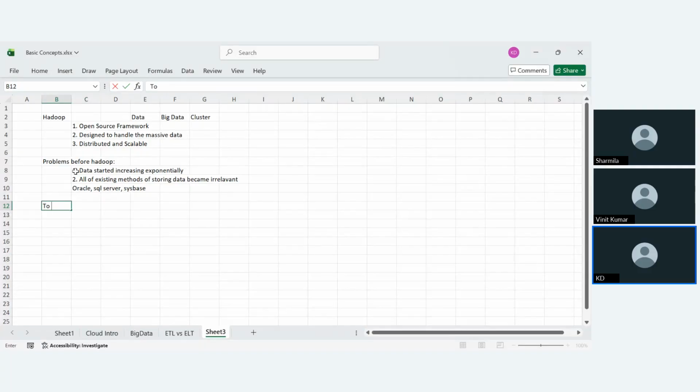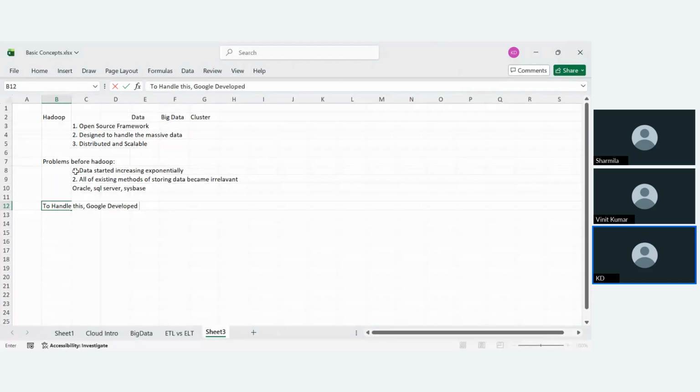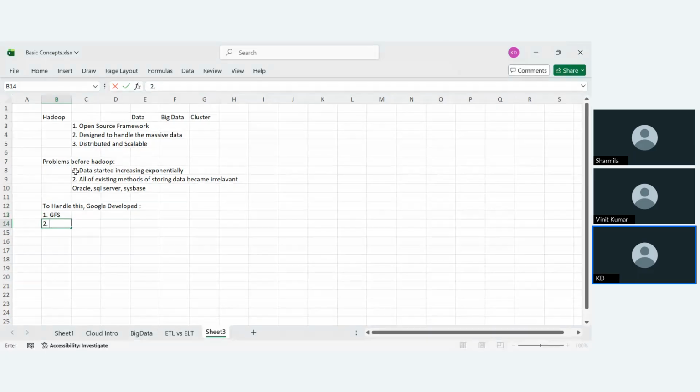To handle this, Google developed two things. Number one was GFS, and number two was Google MapReduce.